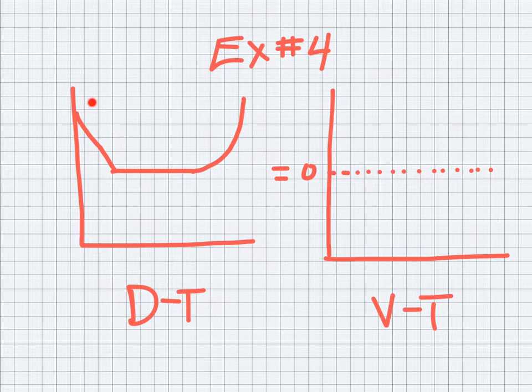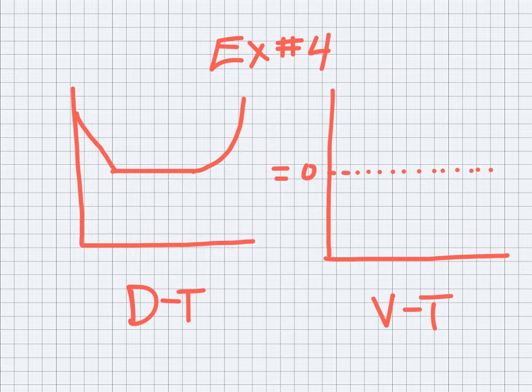Over here, I basically have 3 parts. First part, this downward sloping line here. Second part, this flat spot. Third part, this curving upward acceleration. So here's a constant negative velocity, here's 0 velocity, here's increasing positive velocity.